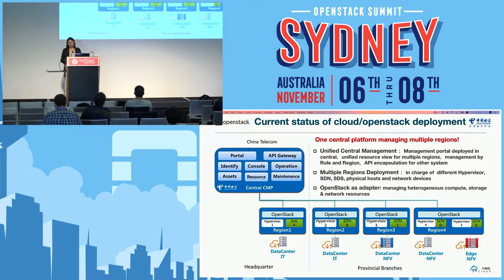It provides a unified resource view to our customers and manages all these resources by role and region. It also provides API encapsulations for other systems. All in all, this cloud management platform is a very critical part of the success of the entire CTNet 2025.